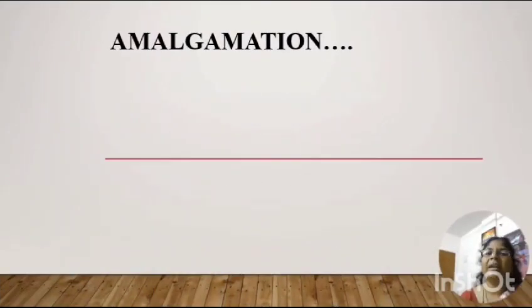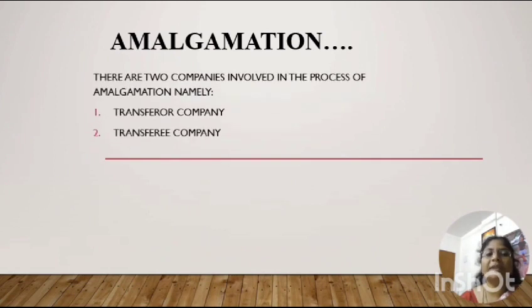Okay, then next one is, what are the two types of companies involved in the process of amalgamation? The first one is the transferor and the other one is the transferee company. Transferor means we can simply say it is the old company.